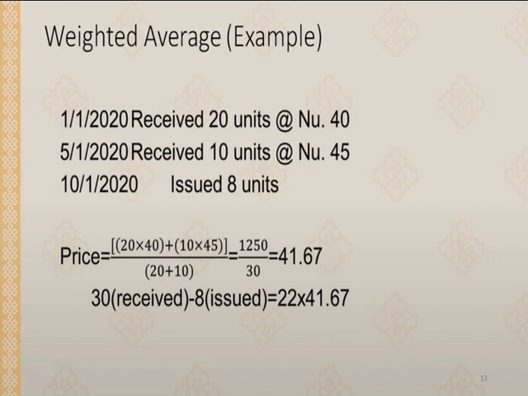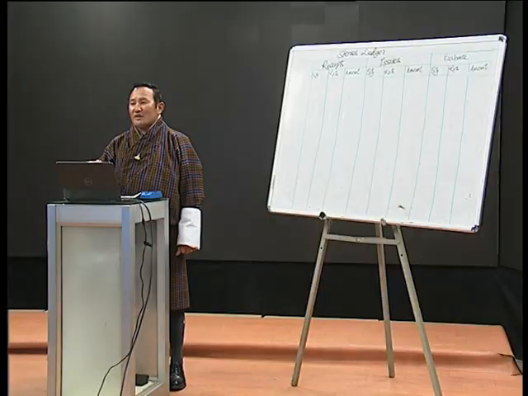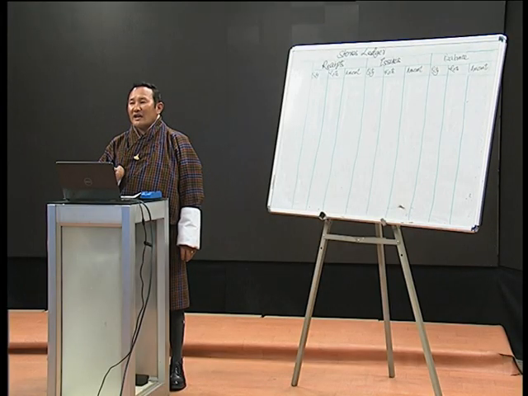In the first lot we received 20 at the rate of 40, and in the second lot we received 10 units at the rate of 45. So 20 times 40 plus 10 times 45 altogether comes to 1250, and that is divided by the units available, 20 plus 10, which is 30.